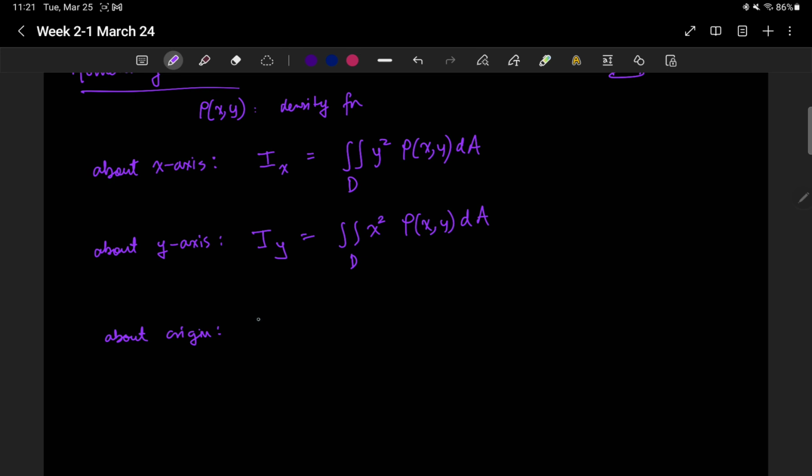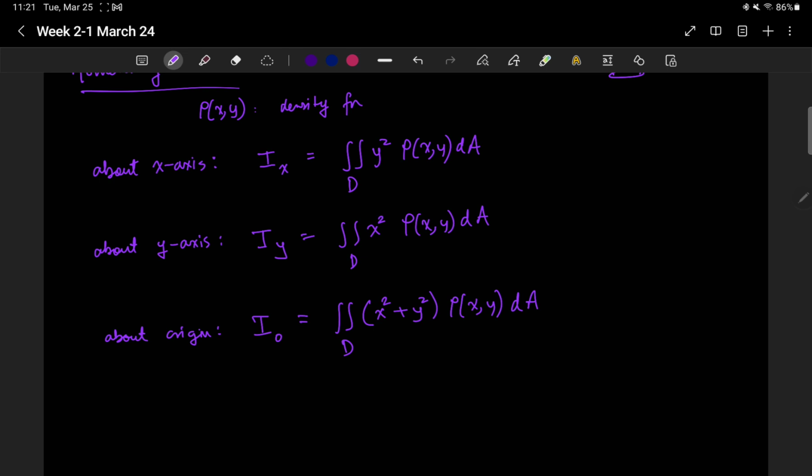And if it is about the origin, also written as I naught or I o or I zero, it is the double integral over the same region, but in this case we are going to add the effects of x squared plus y squared rho xy dA. Now if you notice, this x squared plus y squared in polar form is just r squared.